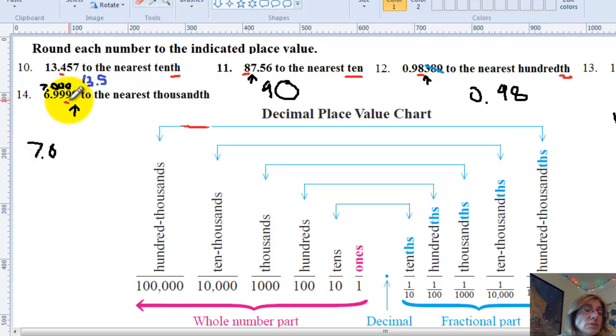Rounding to this thousandths place caused us to put zeros in the places with the 9s and bump that up to 7. Okay, so 6.9999 rounded to the thousandths place is 7.000. Notice the 0 stops at the thousandths place. We do not put anything after it.